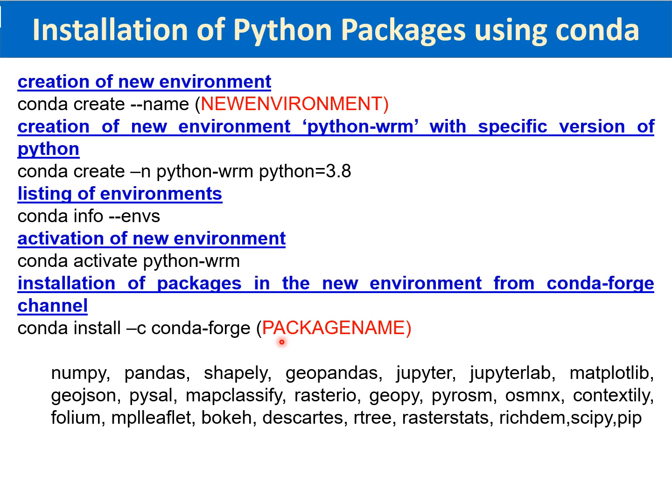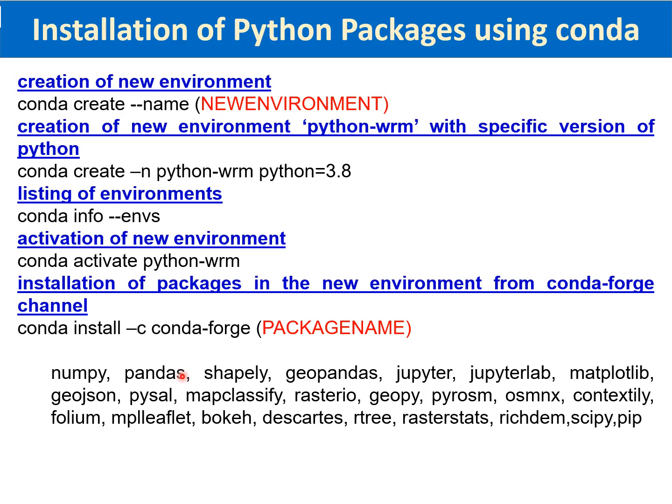In one go, you can install many packages separated by spaces. Use this command, and in place of the package name, write the name of one package and then a space and another package. Then it will install all those packages.